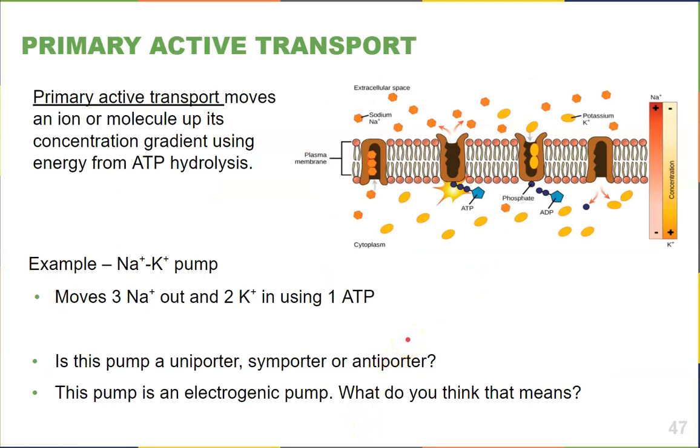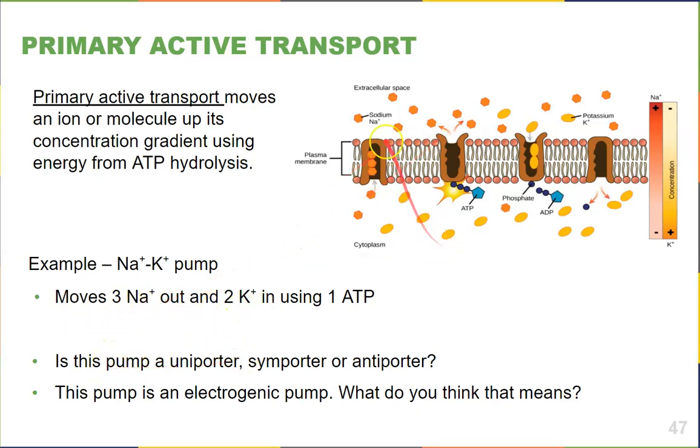So primary active transport, remember this one requires ATP. And primary active transport, a great example is the sodium-potassium pump. It moves 3 sodium out and then 2 potassium in.